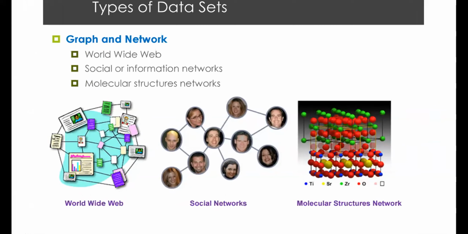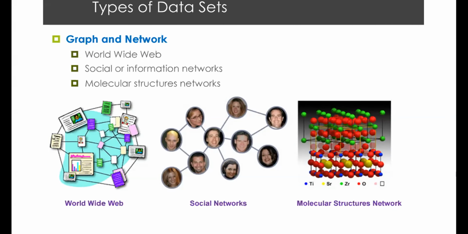Whenever you use the internet, all types of data are inserted: XML files, document files, Excel files. You have different formats of data stored in the World Wide Web, and all of that you call graph and network data. Next is social and information networks, like social media, Facebook and Twitter. All these information networks come under the graph and network data set.